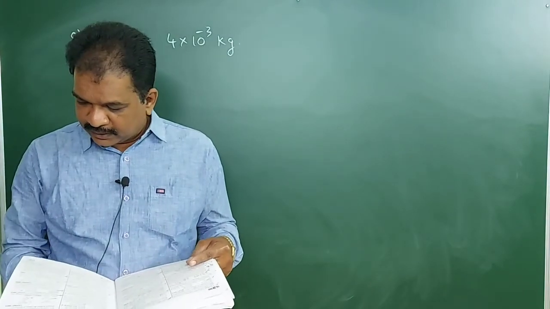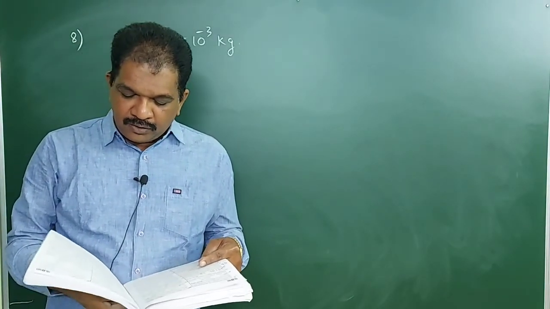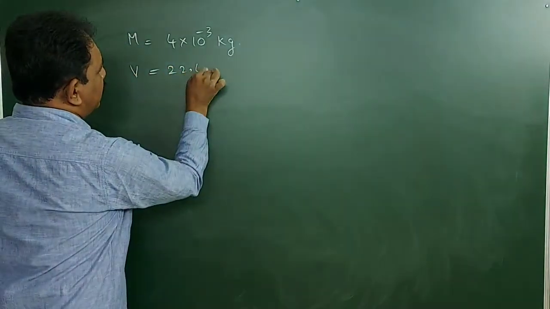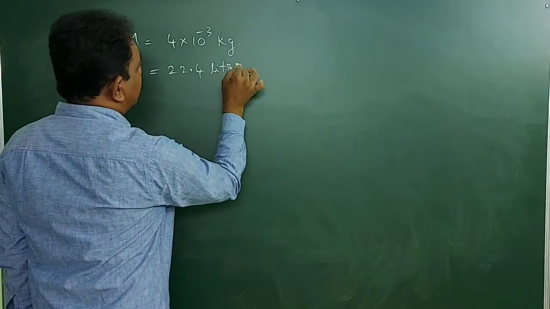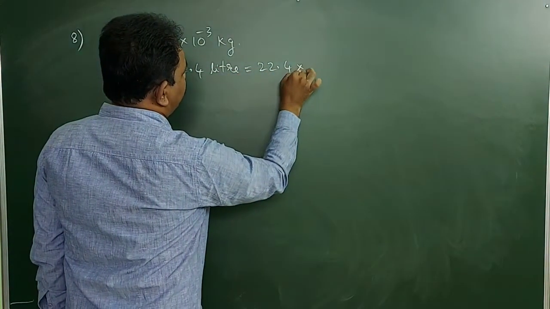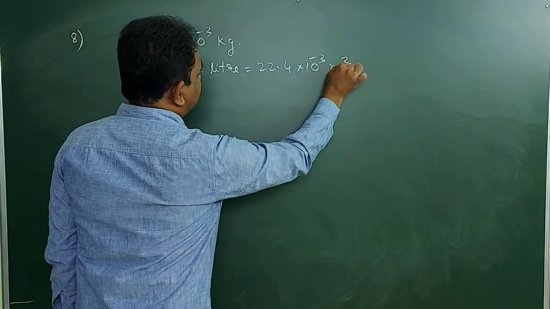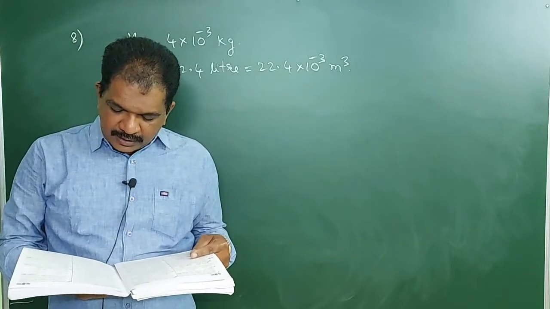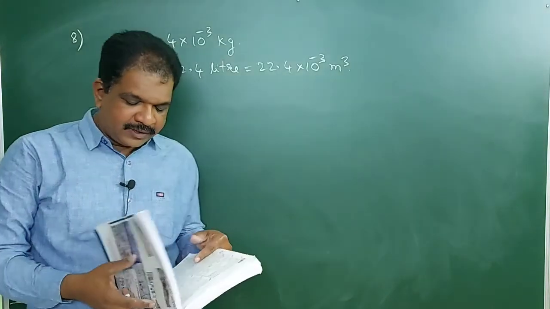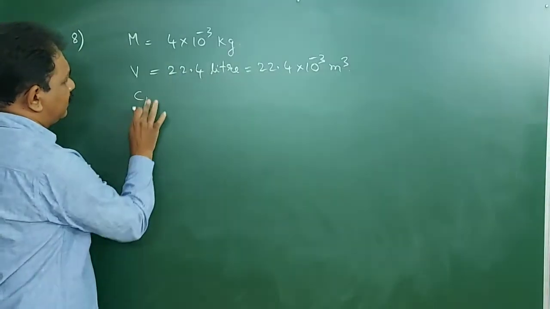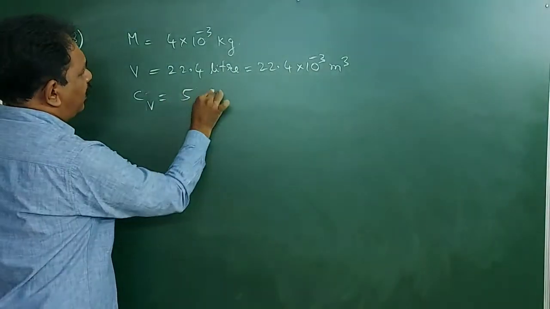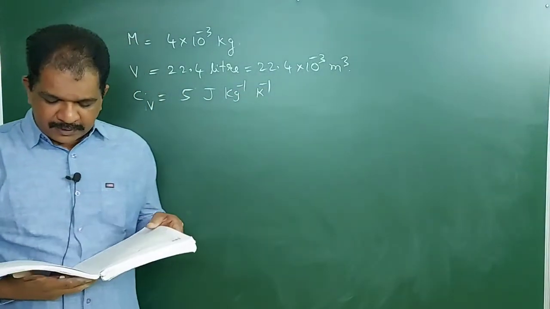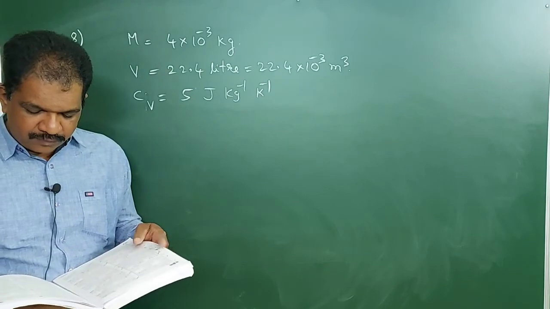It is occupying a volume of 22.4 liters, that is 22.4 into 10 power minus 3 meter cube. That is the volume. And specific heat at constant volume, actually it is relating to next chapter, 5 joule kg inverse Kelvin inverse.